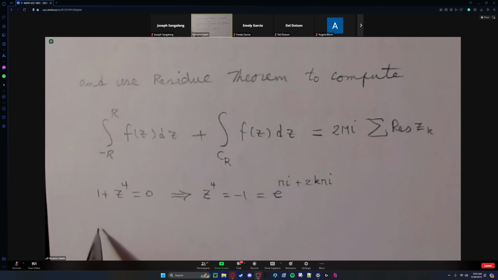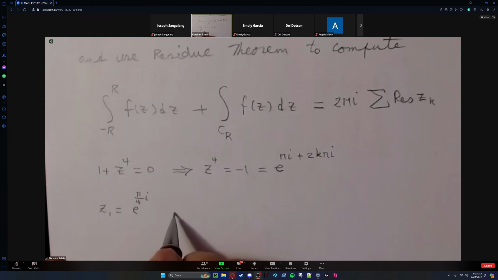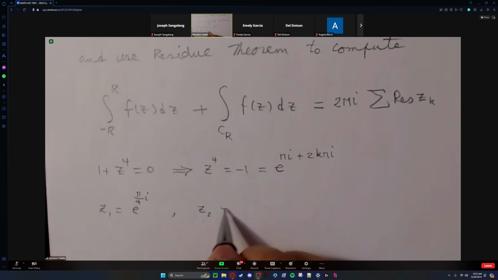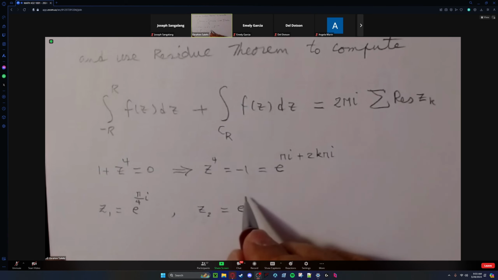them is z1, which is e to the pi over 4 I. The other one z2, which is e to the, when k is 1, 3 pi over 4 I, okay? And two more.